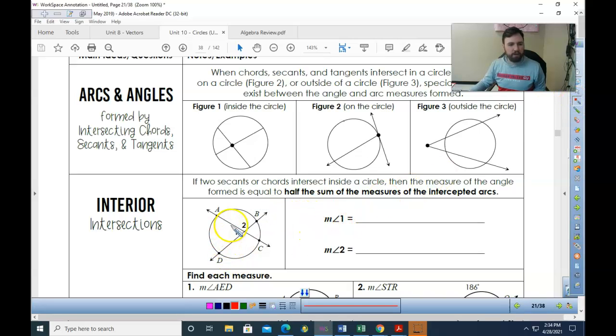But now, let's say I want to find the measure of angle 1, and I know my arcs. Well, angle 1 is equal to the average of the arcs. So it's half the sum. If I gave you two numbers, you'd add them up and divide by 2 to find the average. So angle 1 is the average of these two arcs. Or if you use the formula, it's 1/2 your arc plus your arc.